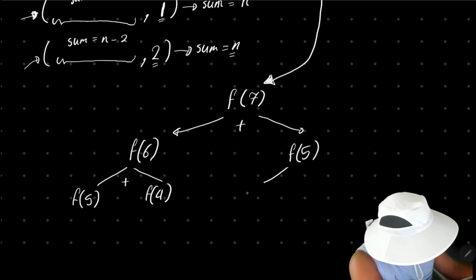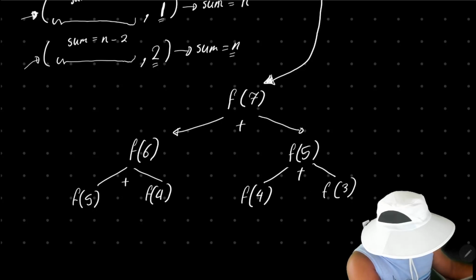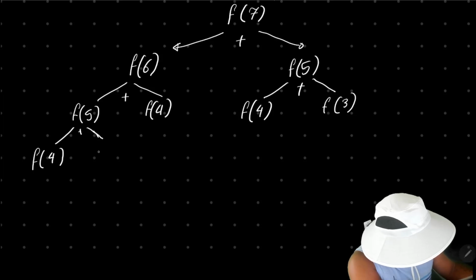Over here will be the number of ways for a staircase of size 4 plus the number of ways for a staircase of size 3. Okay, one more, and I think you'll get the idea. This guy will be the number of ways for a staircase of size 4 plus the number of ways for a staircase of size 3.